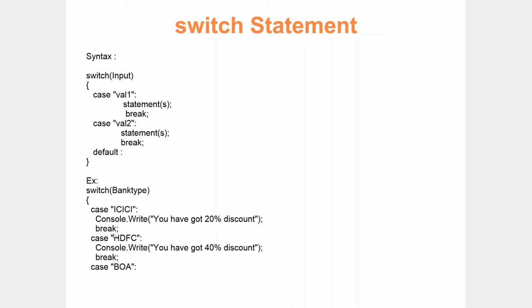So if you go to switch, the beauty of switch is that the complexity will be reduced, readability is going to be very simple, and the debugging process is also going to be very simple. So if you are going to write only 2 or 3 if statements, if your if statement is going to be repeated only 2 to 3 times for the same scenario, you don't have to go for a switch statement.